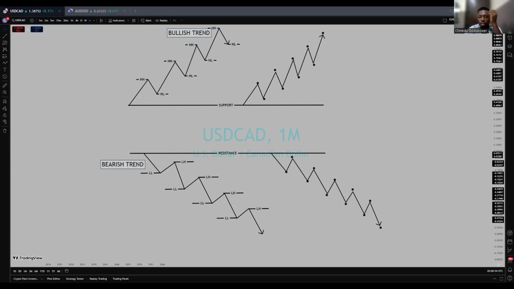We've covered this already. What we'll be covering next is liquidity and other blocks, together with break of structure, change of character, and identification.